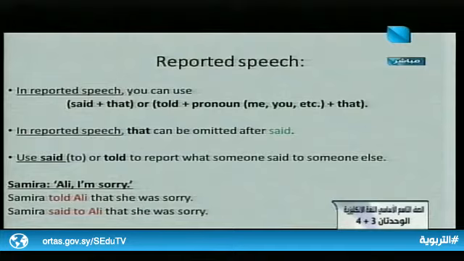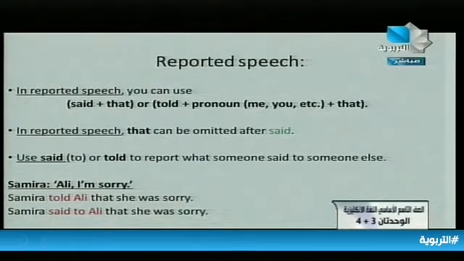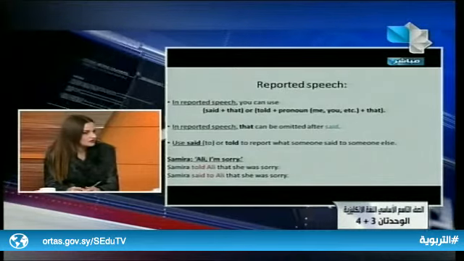After said we used that. That is optional here, so it can be omitted or it can be left. This is concerning reported speech with that.